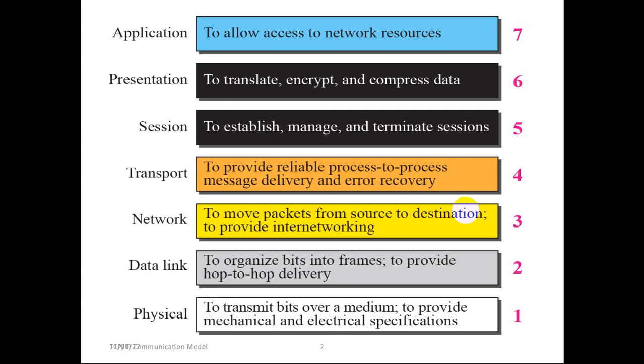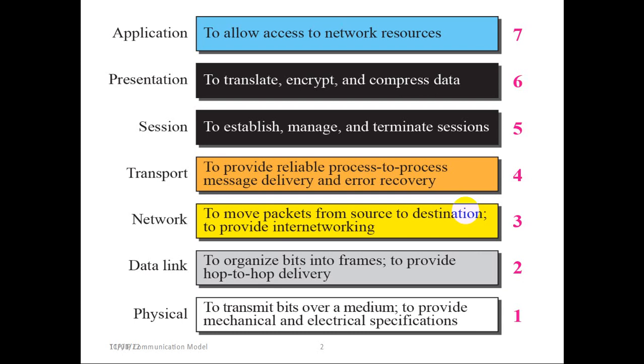And the network layer, which is also known as layer 3. What does the network layer do? The network layer moves packets from source to destination and provides internetworking. Layer 4 is known as the transport layer. The transport layer provides reliable process-to-process message delivery and error recovery.